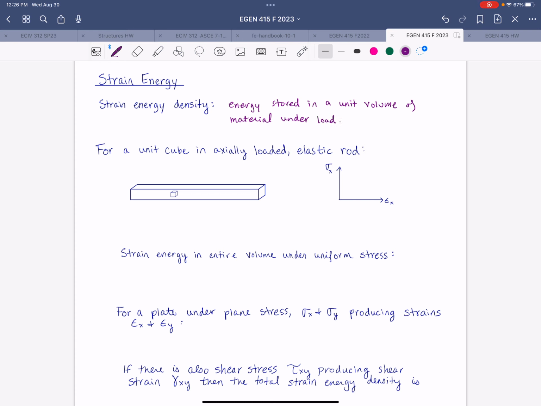So if we consider a unit cube that is inside this axially loaded elastic rod, all right, so we have some axial load applied here. If we plot the stress strain curve, right, in the elastic range, it's linear.